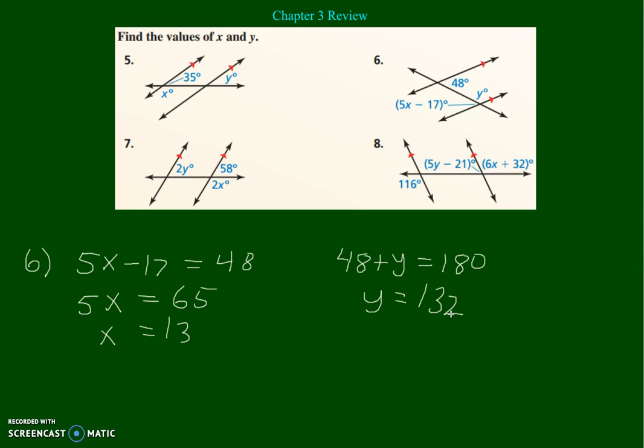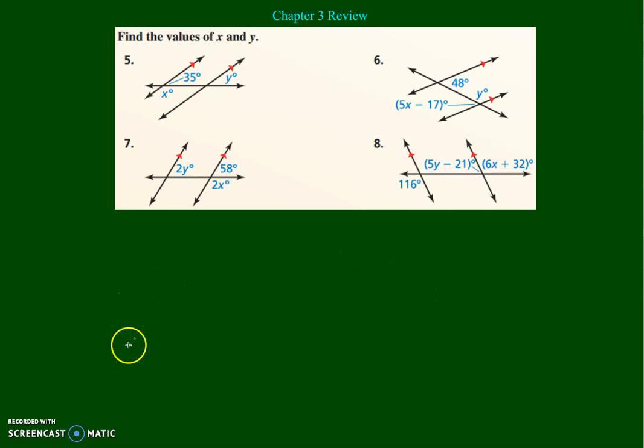Now we move to problem 7. In problem 7, we have another different situation. Here we have two angles that are also a linear pair, therefore they're supplementary, so their measures add up to 180 degrees. So in problem 7, we have 2x plus 58 equals 180.